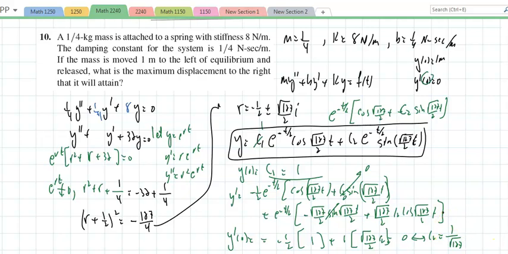And positive or negative? Let me just think really quick. Yeah, positive.